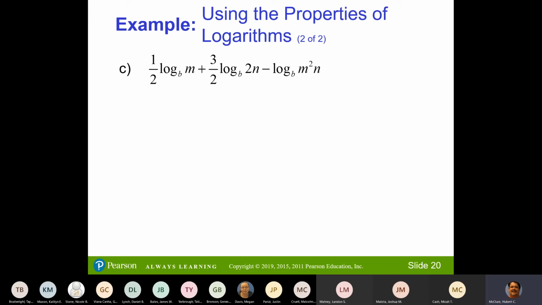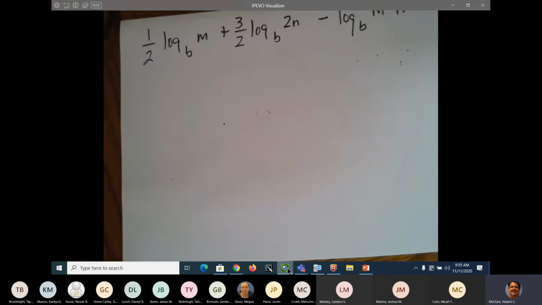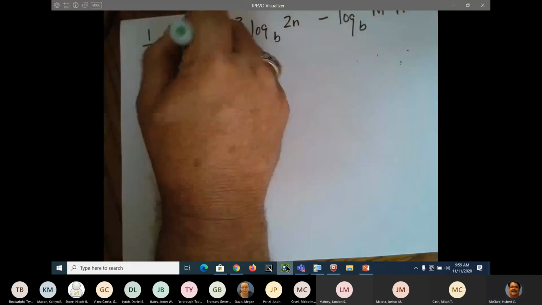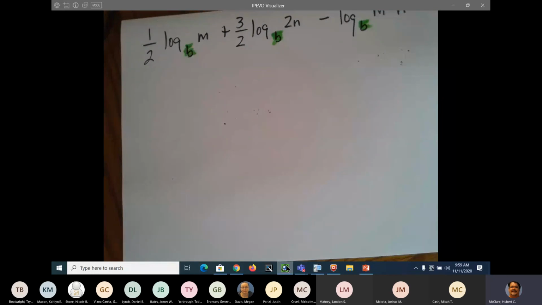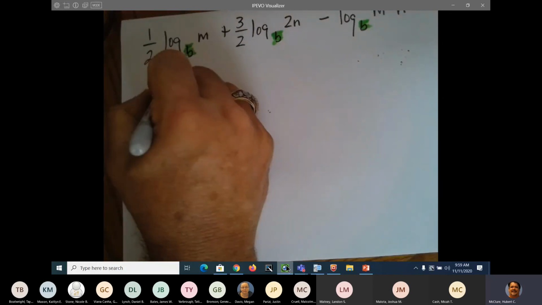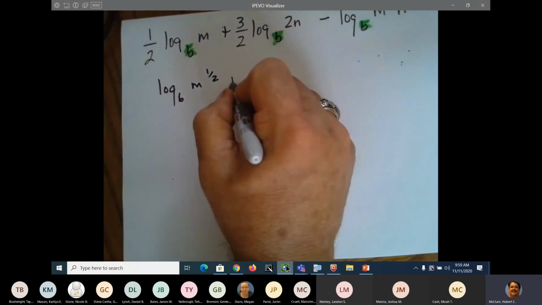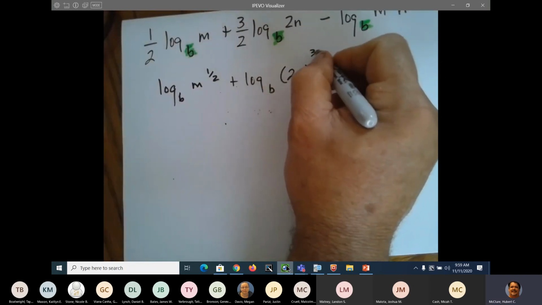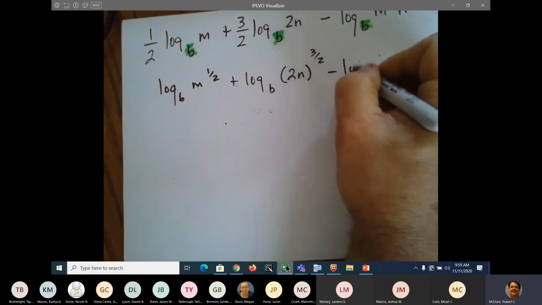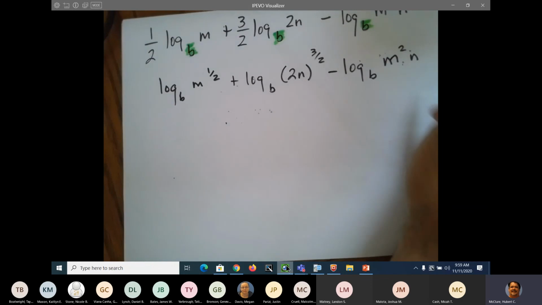Okay, let me go ahead and do this one. First of all, I've got the same basis. I've got the same basis, so here's my base, here's my base, and there's my base. But that 1/2 and that 3/2, I got to fix that. So log base b of m to the 1/2 plus log base b of 2n to the 3/2 minus log base b of m squared n.